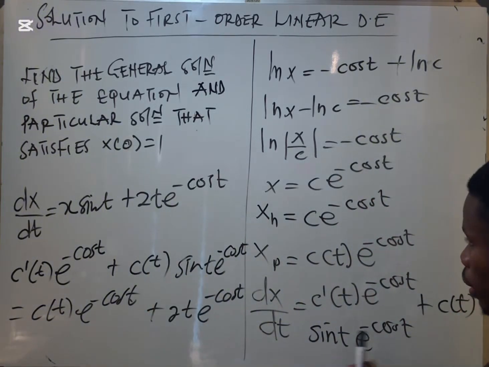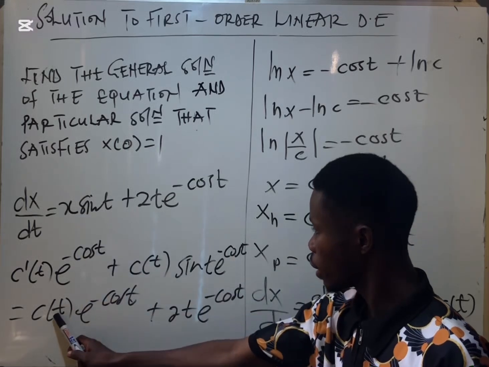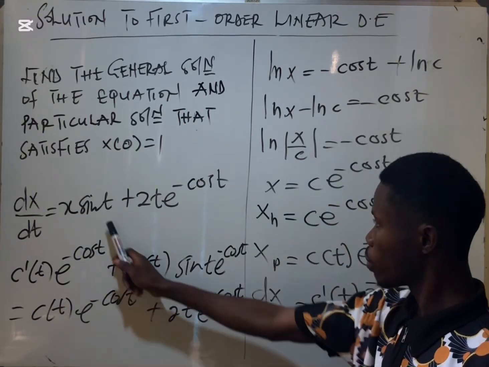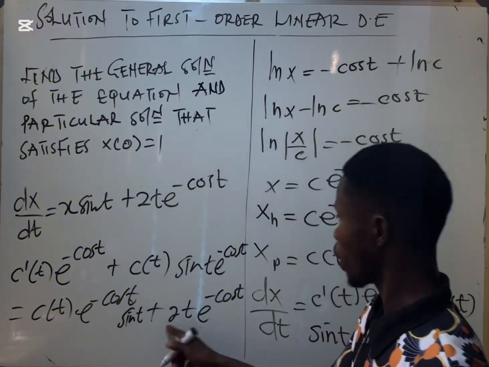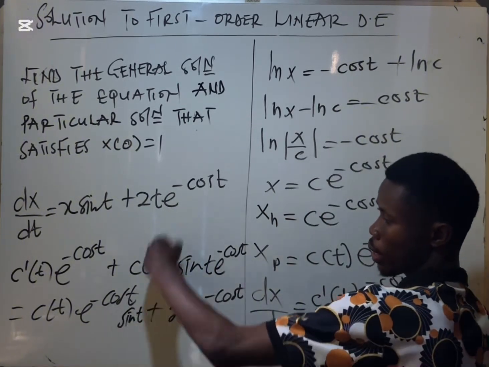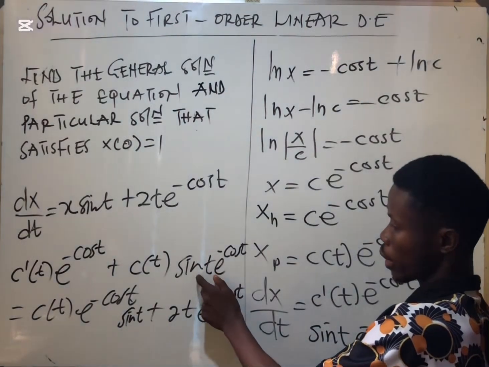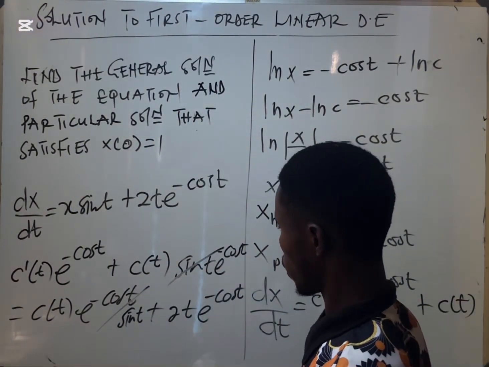That is what is here. Then here will be, this is x. The x is c of t e to the power negative cos t multiplied by sin t, plus this. So you realize that this one and this are the same. So if I send this one to the other side, it will cancel this.